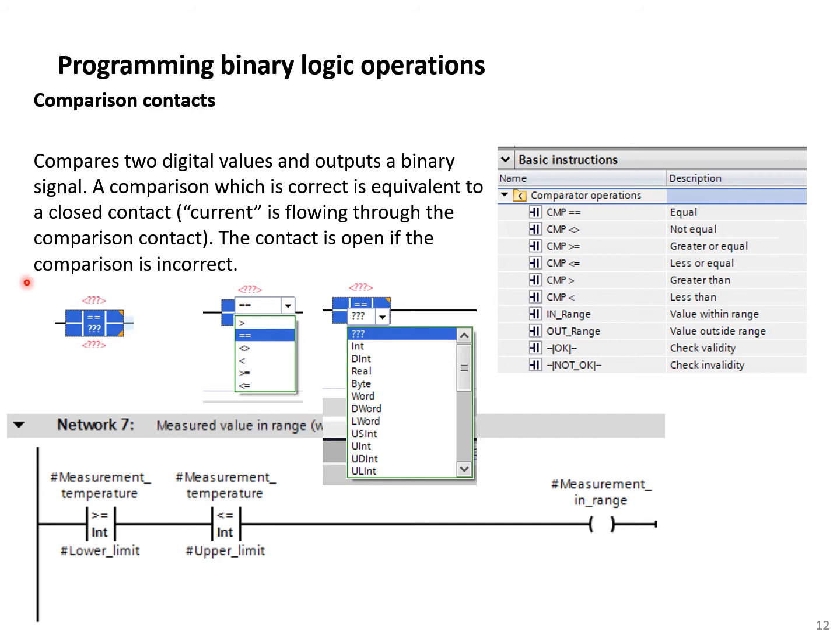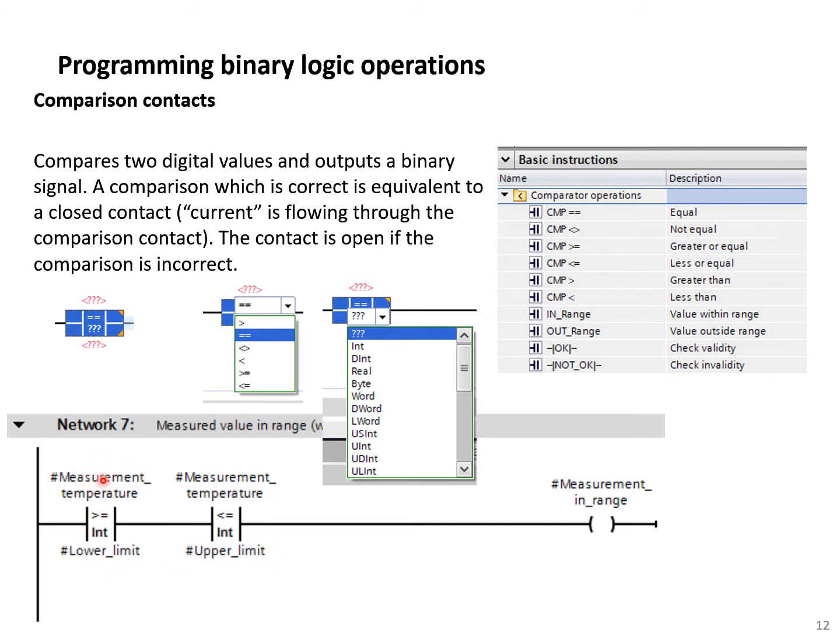So we could have a variety of data forms, could be integer, double integer, real, byte, word, and so on and so forth. Okay, and we could compare our tag with, let's say, a lower limit or upper limit.